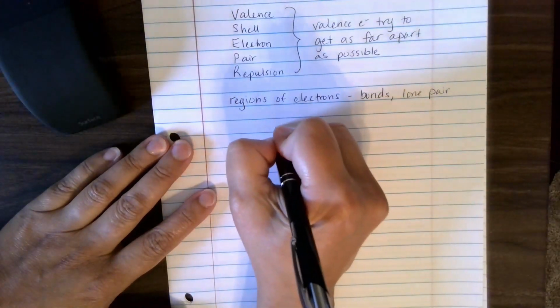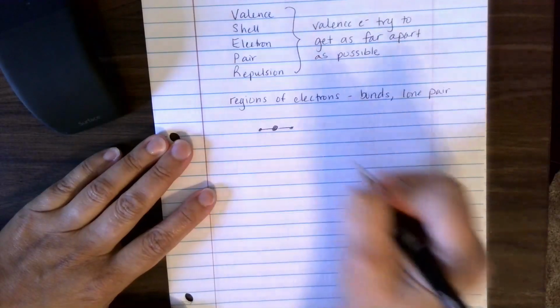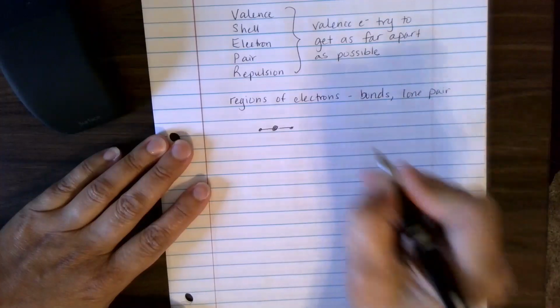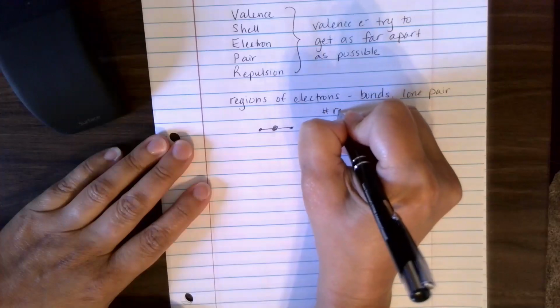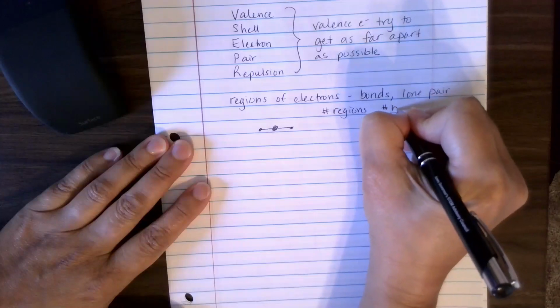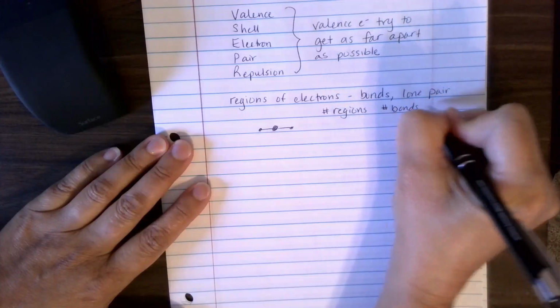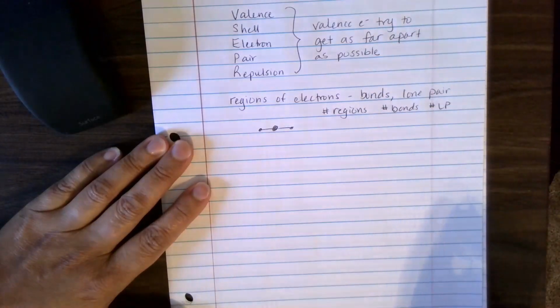Alright, so the simplest shape that we're going to have is just when we have two things bonded. So in this case, we're going to put the number of regions, the number of bonds, and the number of, we'll just say LP for lone pairs.